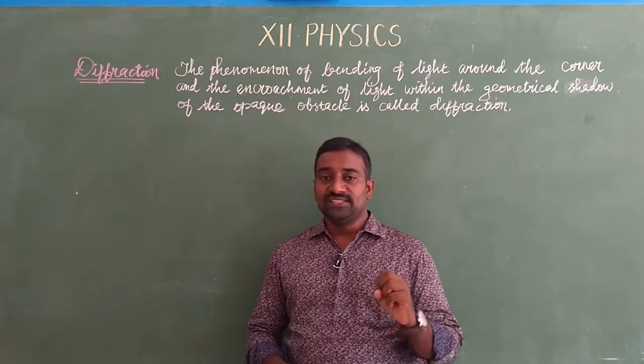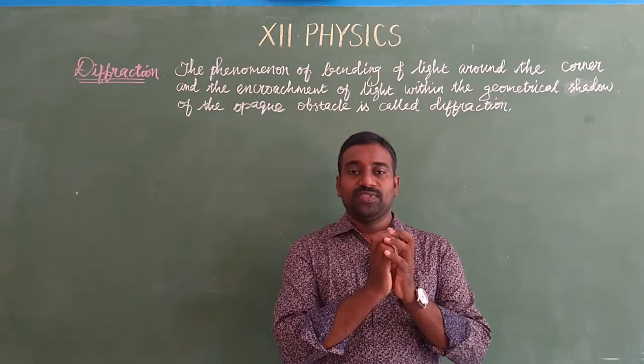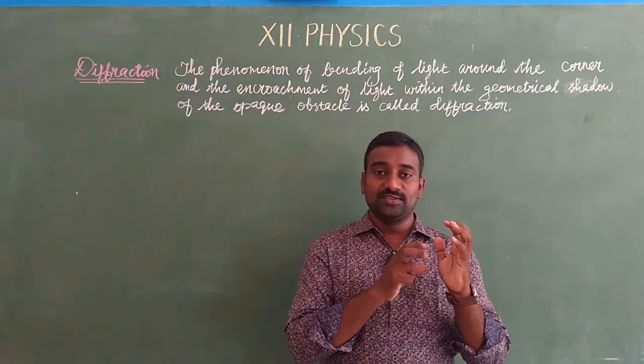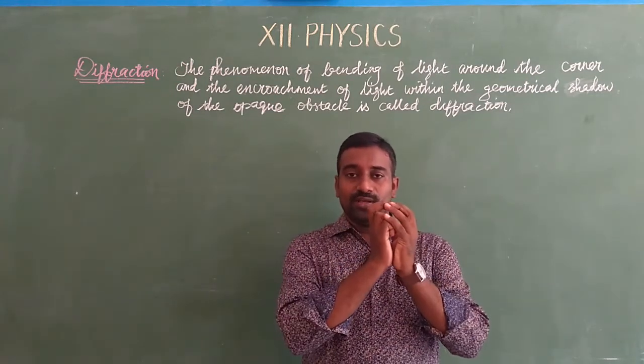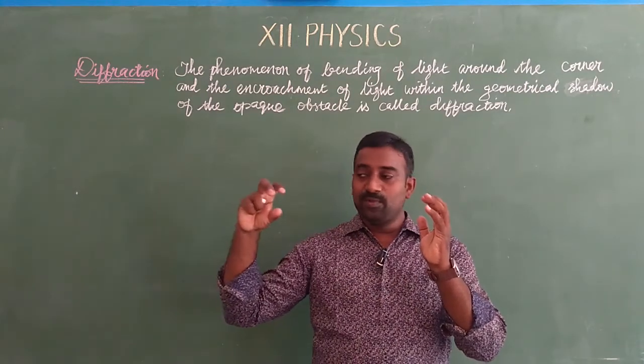It's a very simple thing. Imagine you have some obstacle or some object, an opaque object, because light can pass through a transparent or translucent object, but through an opaque object light cannot travel. So you have an opaque object on the path of a light. Now we are passing light from a monochromatic source.